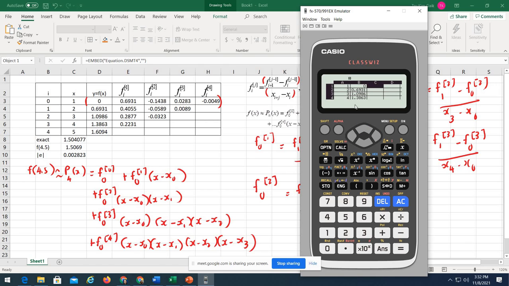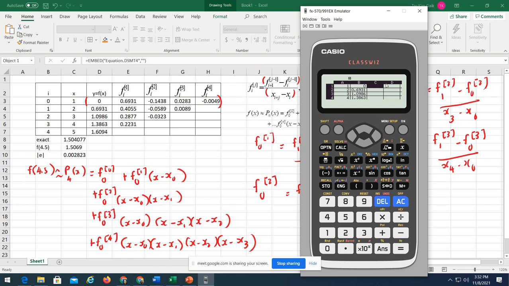So in your calculator's spreadsheet mode, if you have 4 data, then you are still able to use this spreadsheet menu to calculate the Newton divided difference. If 5 data, not enough columns, you can only calculate up to the 3rd level.